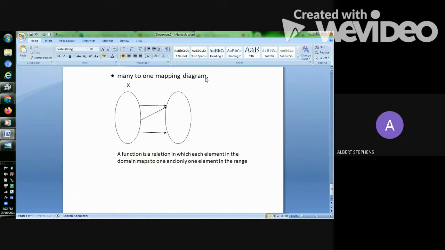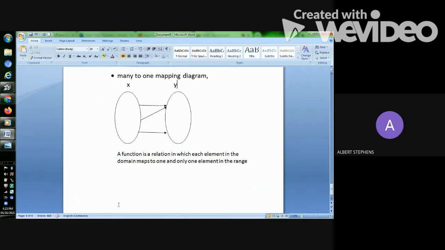This is x. Remember, what is the x called? The domain. And the y is called what? The range. All right, what are you saying now? I think it's a function, sir.